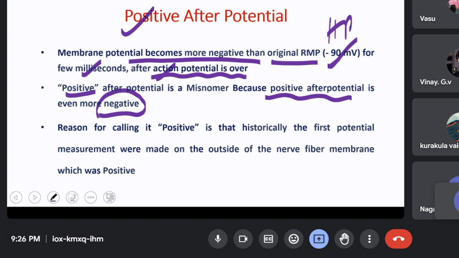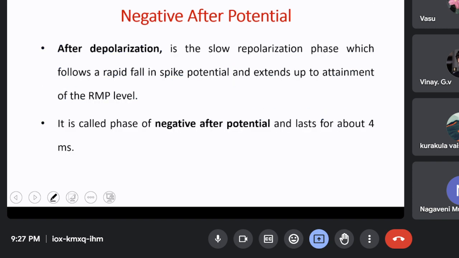Why do we call it positive? Because the measurement is not taken inside, it is taken by the scientist outside. If, let us say, outside is plus 90, it is measured from outside, not from inside, and we call this positive after potential. Then opposite to this is negative after potential.